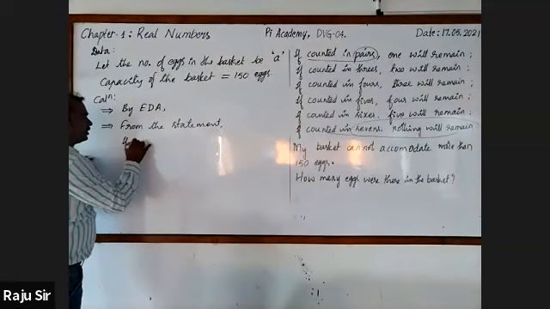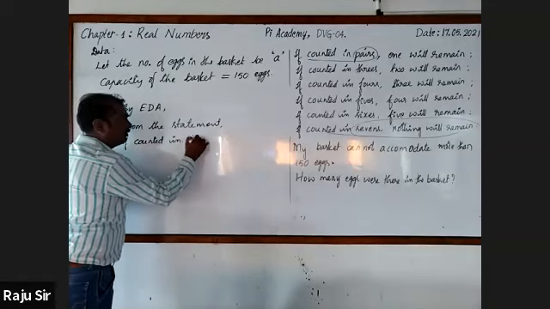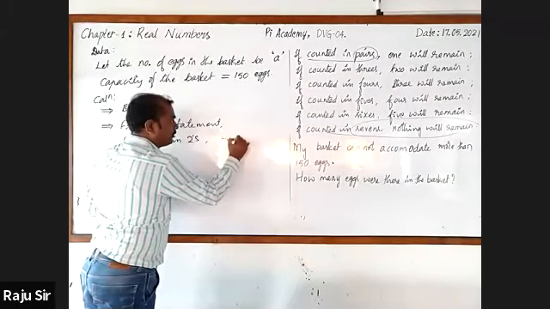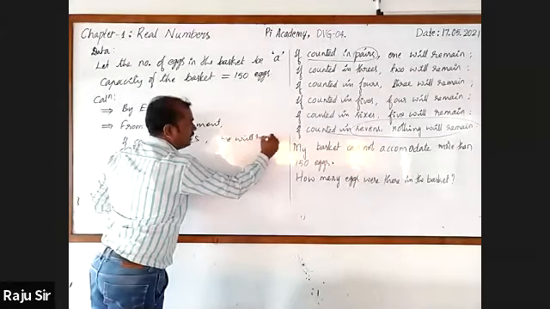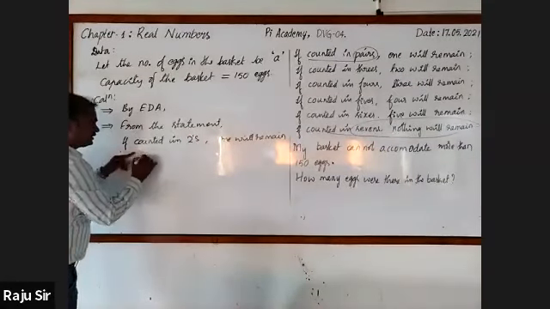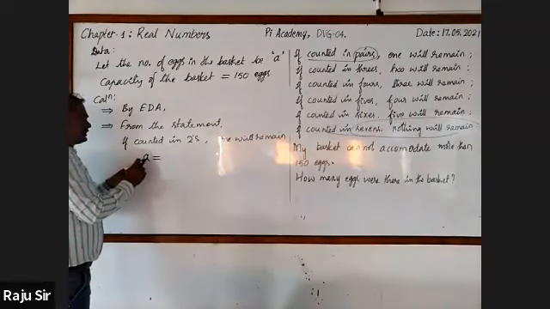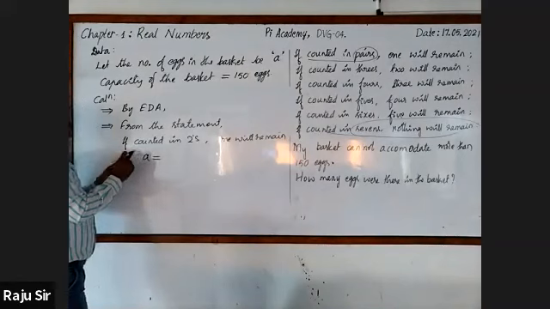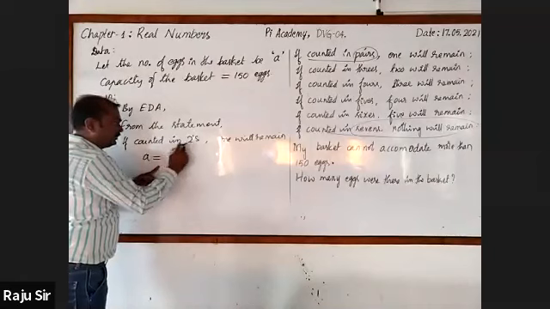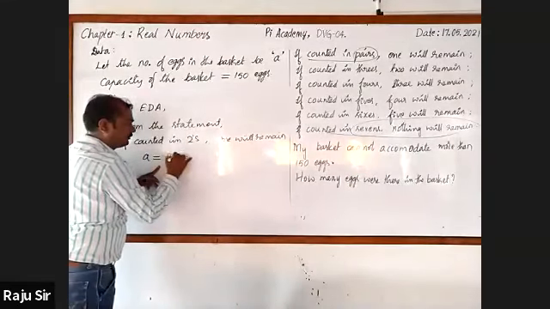If counted in 2s, 1 will remain. This can be written as, say, the number of x is a, and the response regarding the number of x given by the trader was counted in 2s, 2b plus 1 will remain.